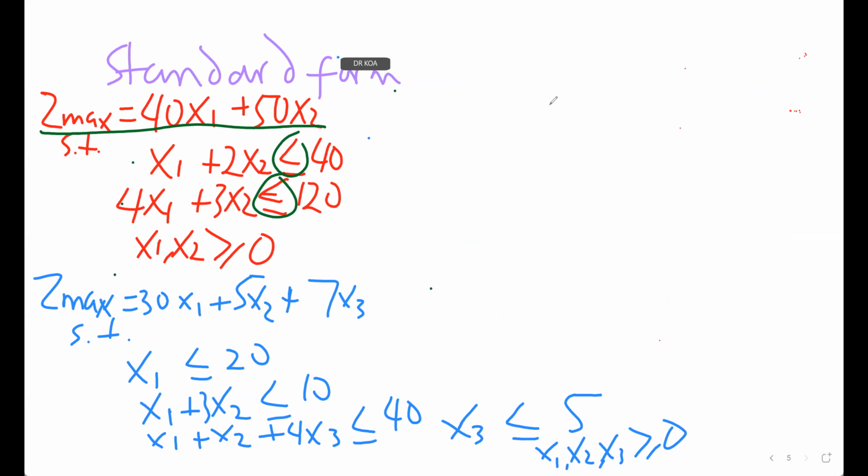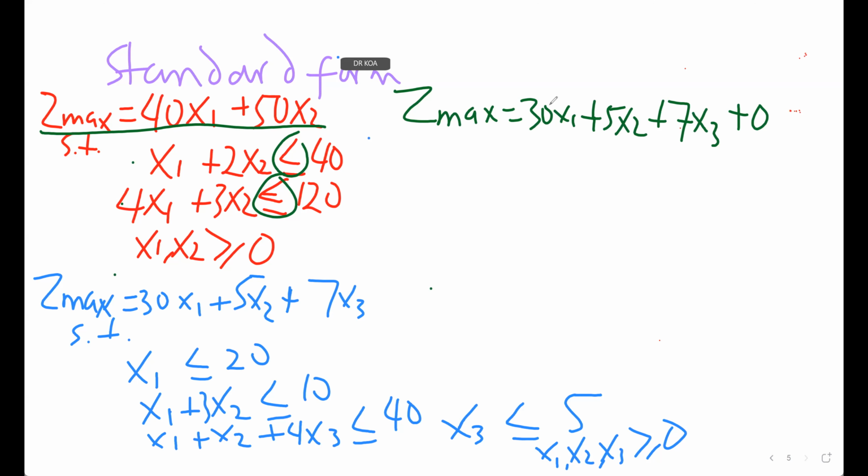So when you are writing it, you just write z max equal to 30x1 plus 5x2 plus 7x3 plus 0s1 plus 0s2 plus 0s3 plus 0s4. This is because I know the number of constraints.